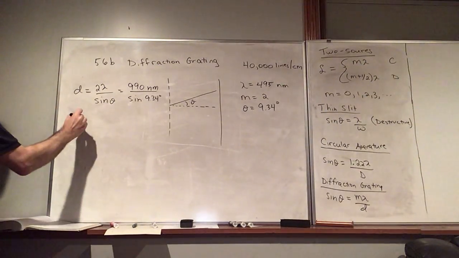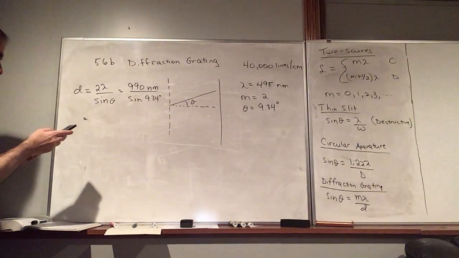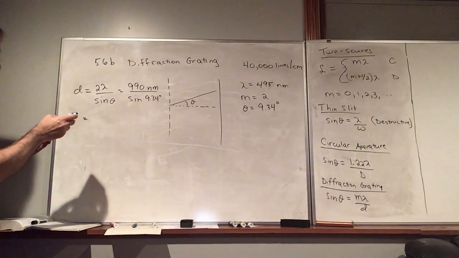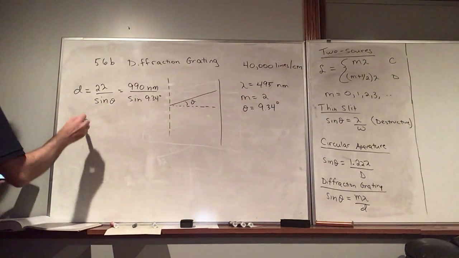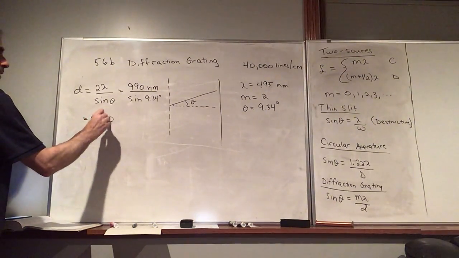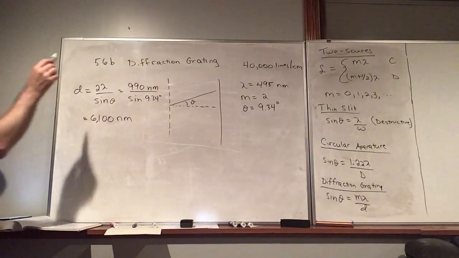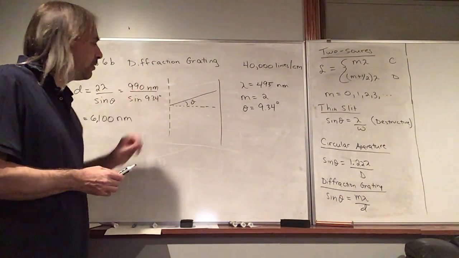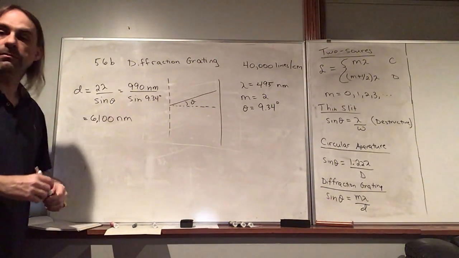Okay, so let's see what d is. 990 divided by the sine of 9.34. That'd be around 6,100 nanometers. Okay. Now, that's the separation between two adjacent slits in the diffraction grating.